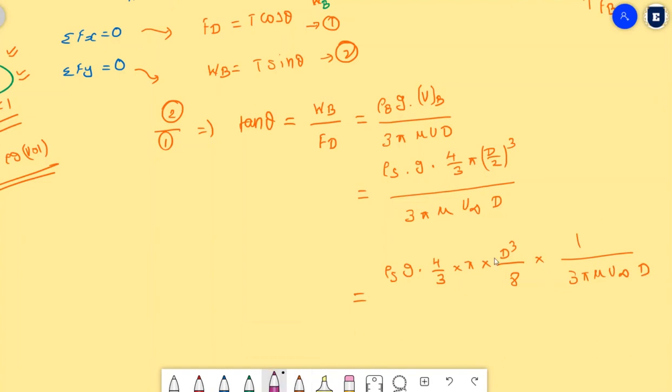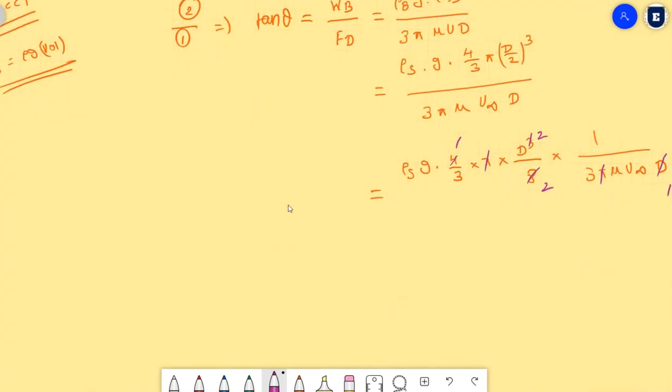Now let me cancel all the things. This is 1, this is 2. Pi gets cancelled, and what else? This will become square. This is going to be 1. Was there any other possibility? I think no, right? So 3 into 3, 2 into 3, that is 1 by 18. And in the numerator, it's going to be rho s g into d square.